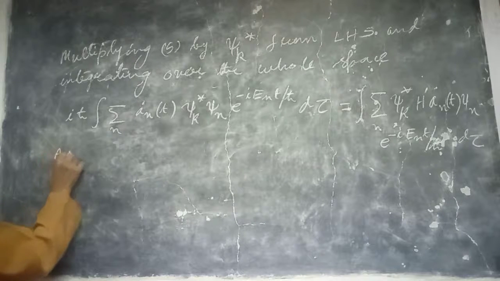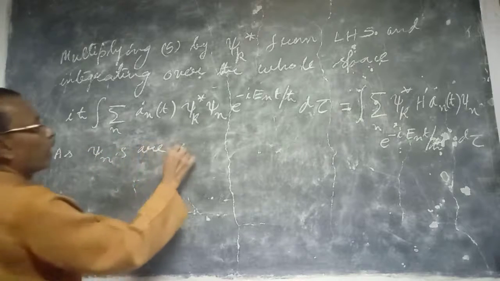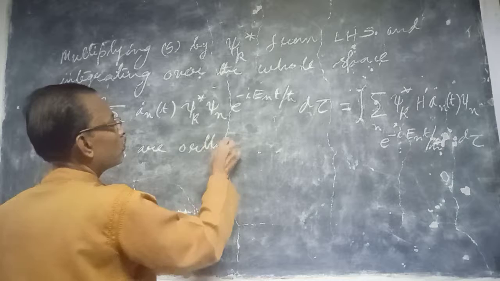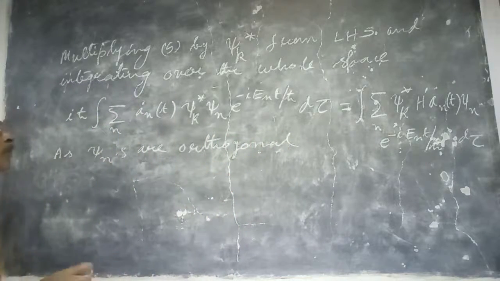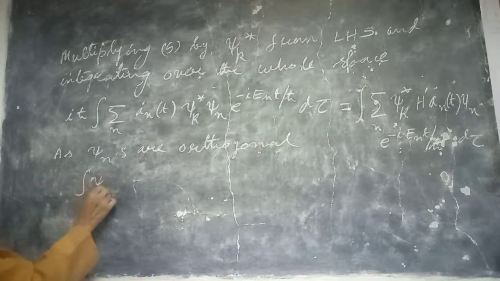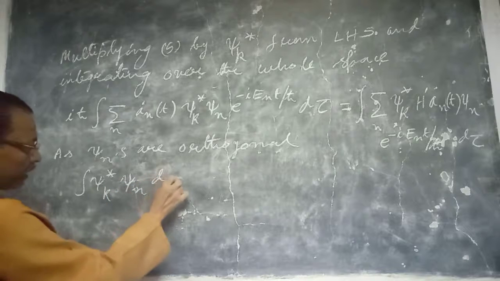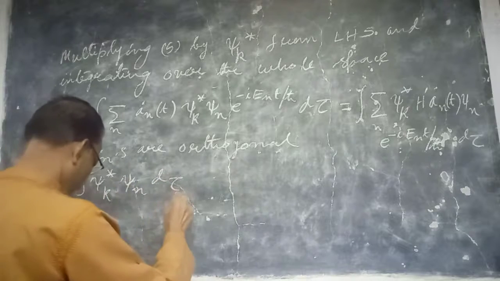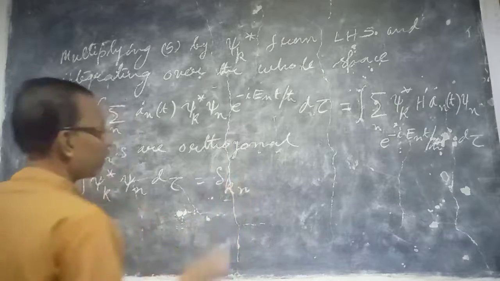As the psi n's are orthogonal because they are the eigenfunctions of H0, this integration psi k star psi n d tau will be equal to delta kn.